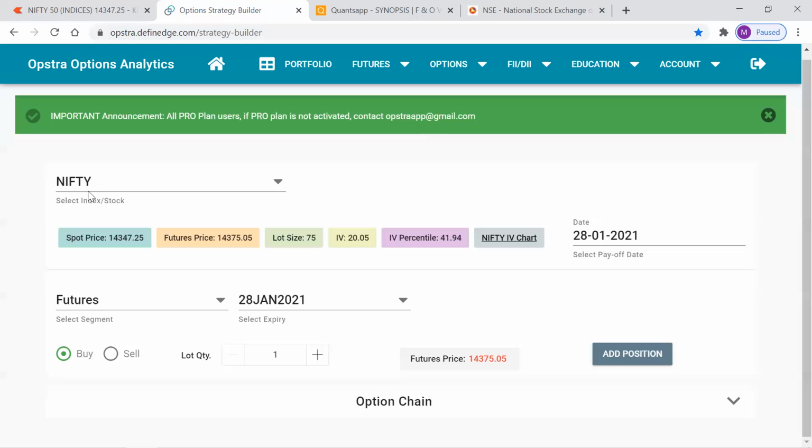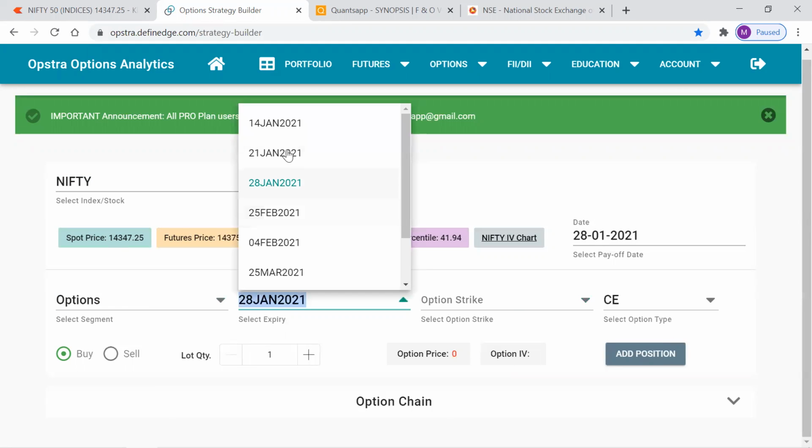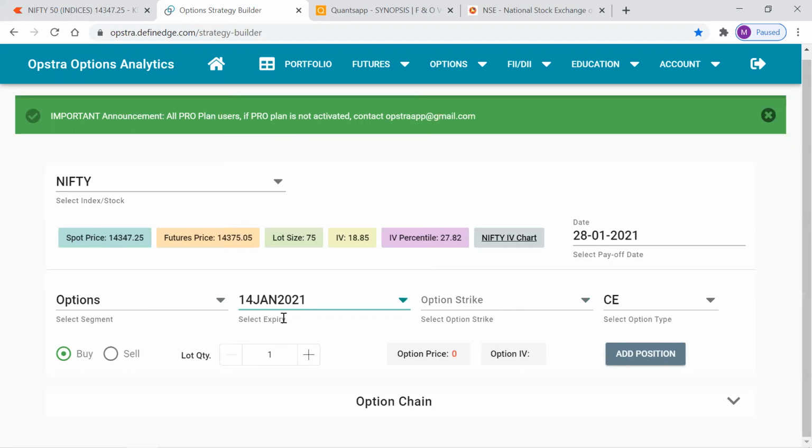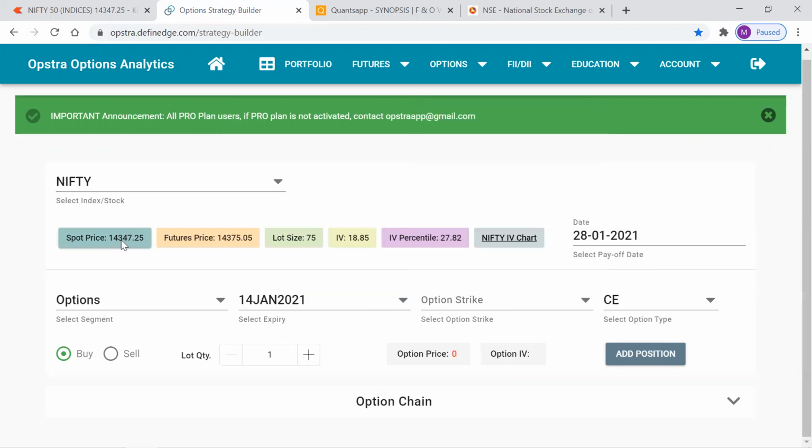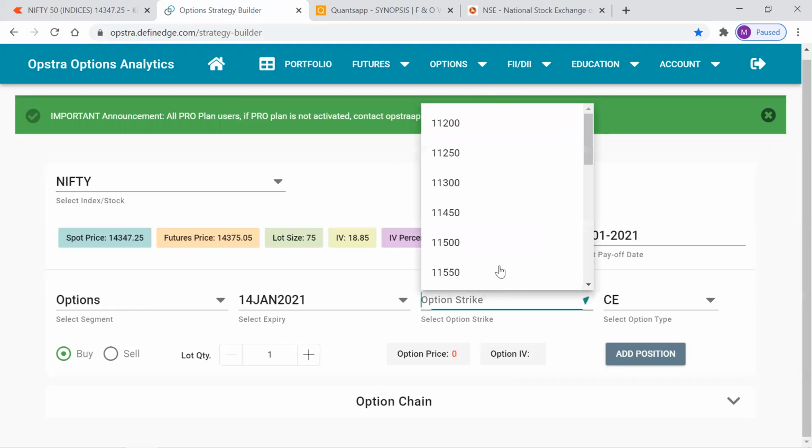So imagine that we are dealing with Nifty, and we are dealing with options. Let's select 14th January as expiry. What is the current price of Nifty? It's 14,347 here. So here we are bearish.